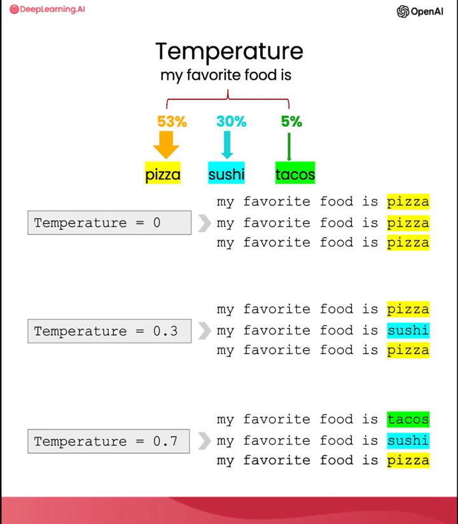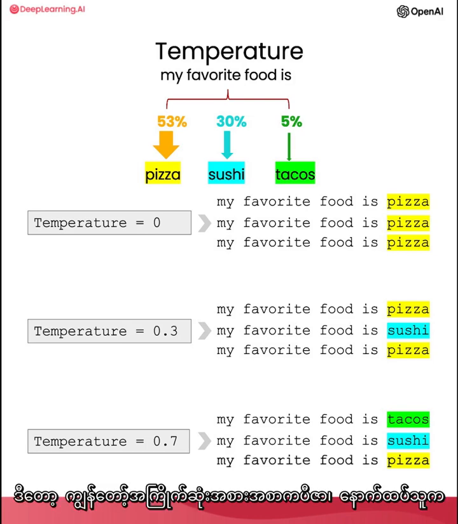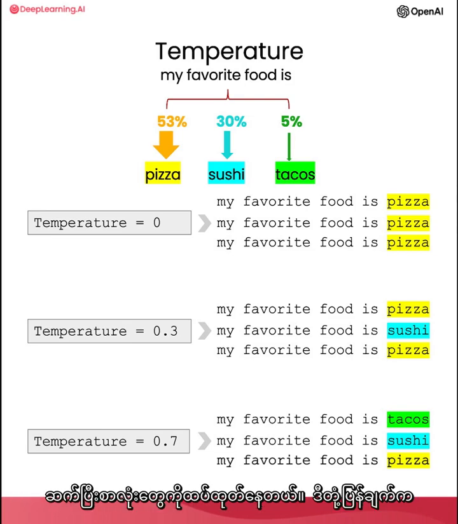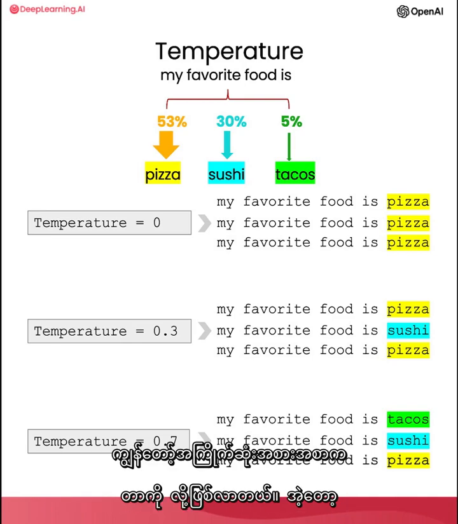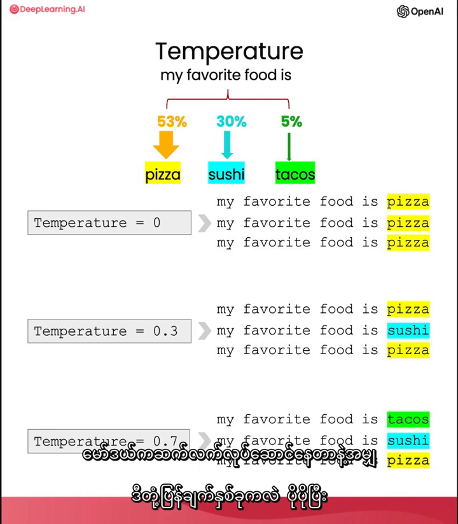And you can imagine that as the model continues this response, so my favorite food is pizza, and it continues to generate more words, this response will diverge from the first response, which is my favorite food is tacos. As the model continues, these two responses will become more and more different.